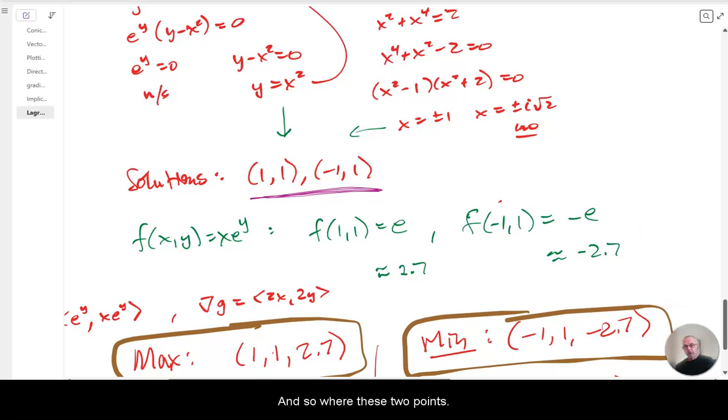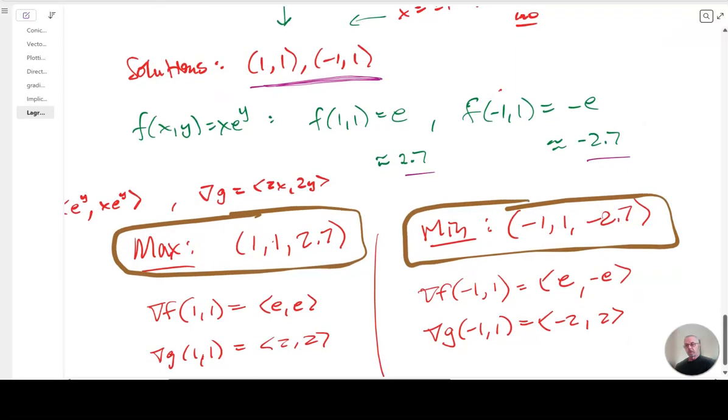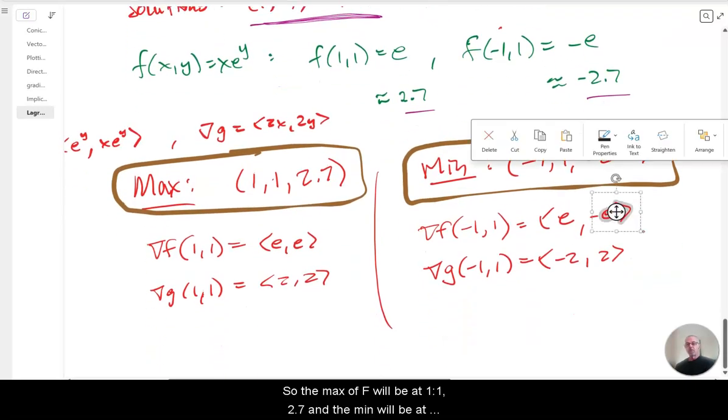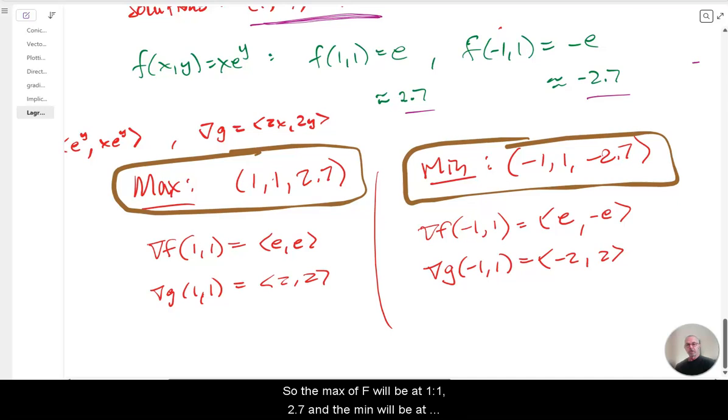And so now I'm going to plug those two points into F. I get E for both of them, which is about 2.7 and negative 2.7. So the max of F will be at 1, 1, 2.7, and the min will be at negative 1, 1, negative 2.7. And then to get those dotted line vectors, I just plugged the max and min into the gradient vectors, and then I created them from there on Desmos.